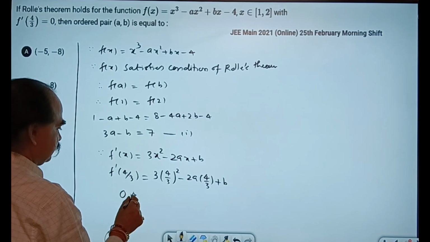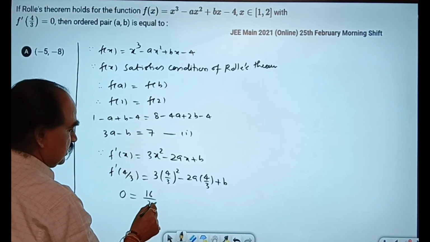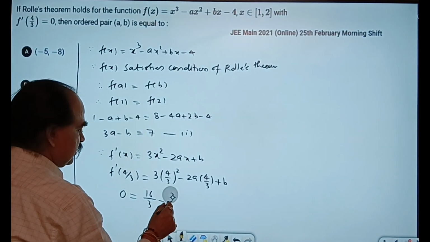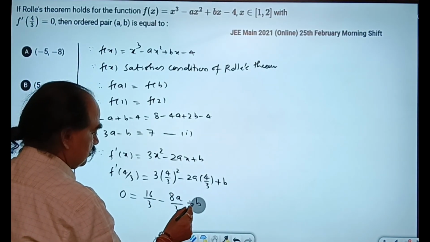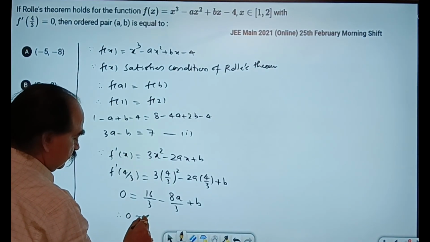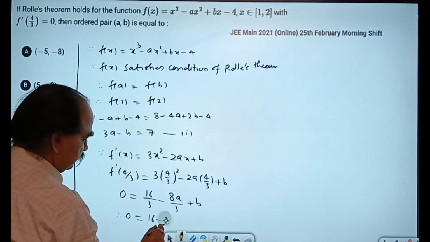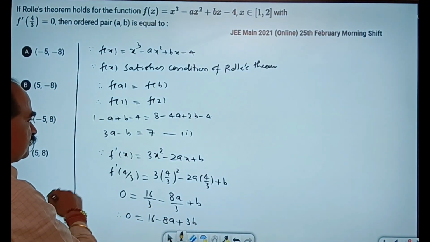F dash 4 by 3 is 0, so 16 by 3 minus 8a by 3 plus b. Multiply through by 3. So 0 is equal to 16 minus 8a plus 3b. Bring this on this side.